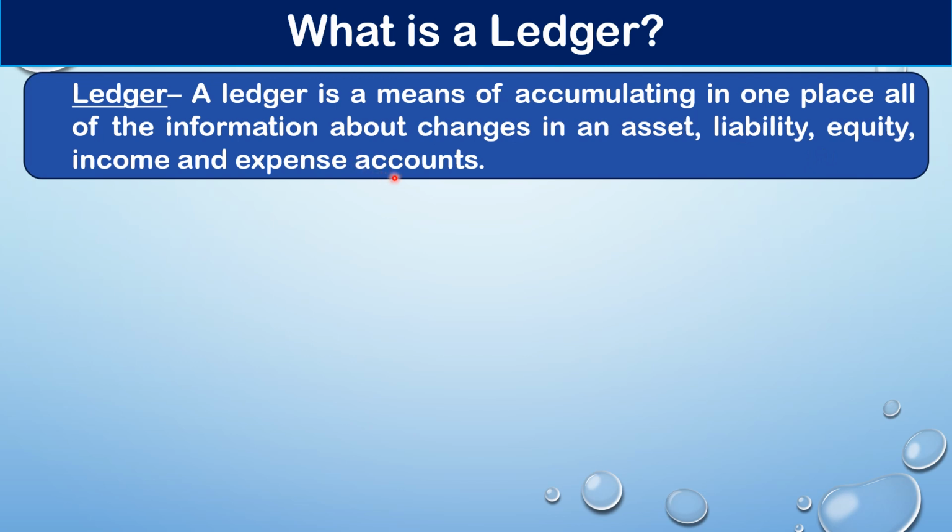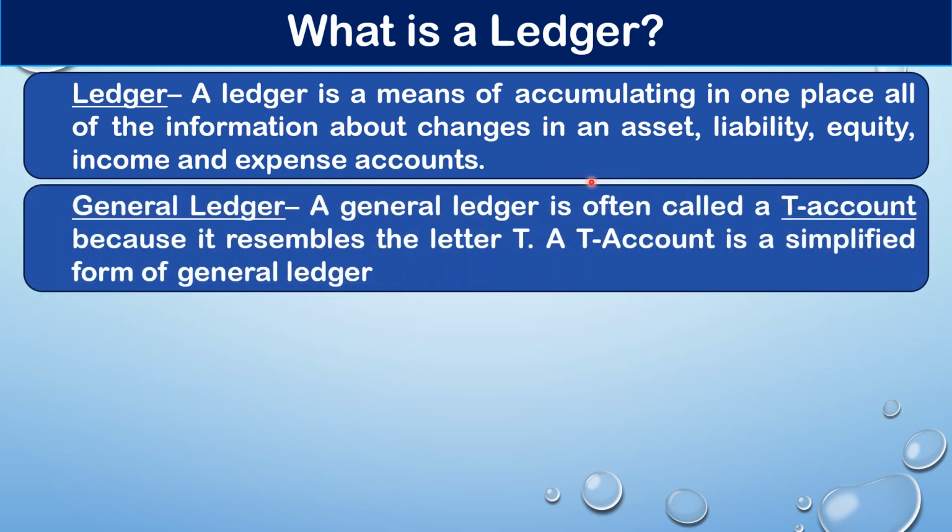Unlike a journal, for example the cash receipts journal, where our entries are only the transactions related to that special kind of journal, in the ledger we record all the information about changes in asset, liability, equity, income, and expense accounts. Just as a journal has special journals, the ledger also has a general ledger.